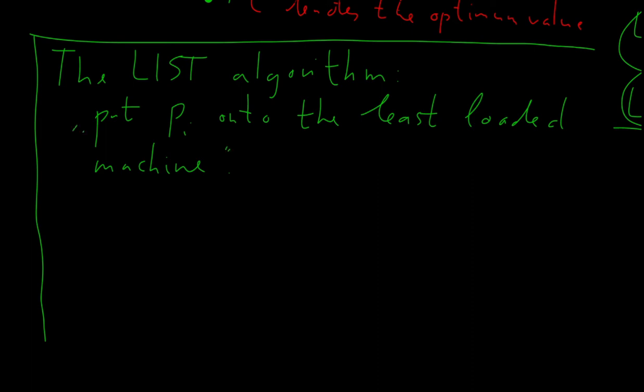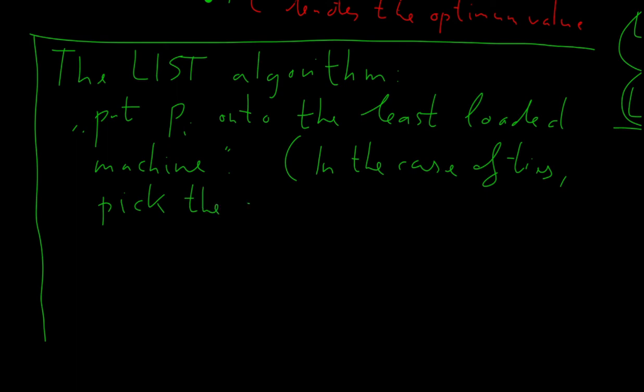If there are ties, we should pick the one with the smallest index. It doesn't really matter. With the smallest index.